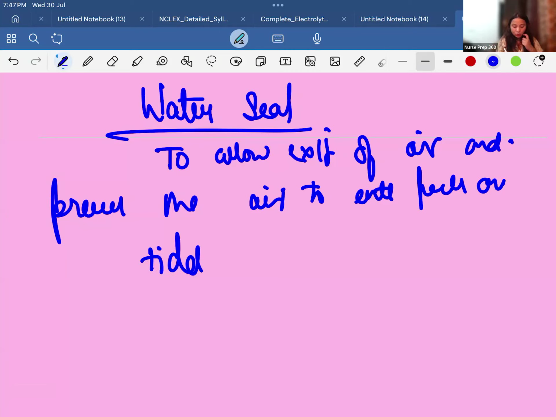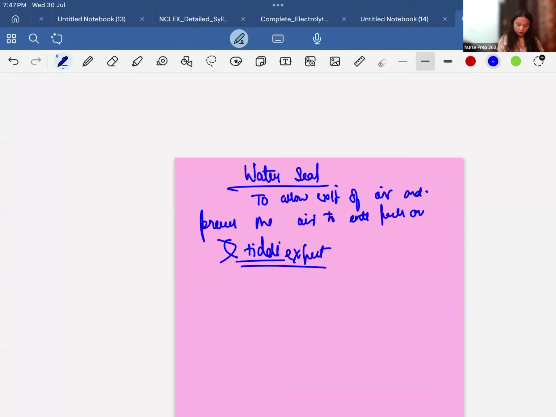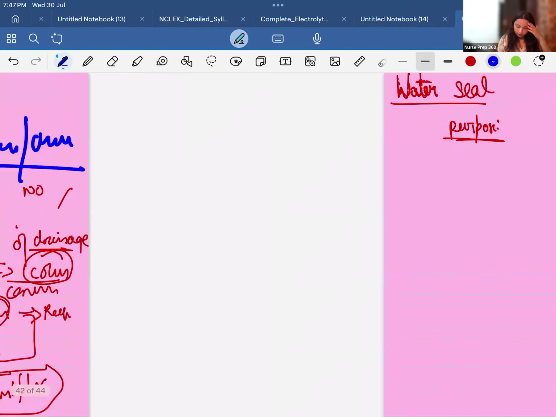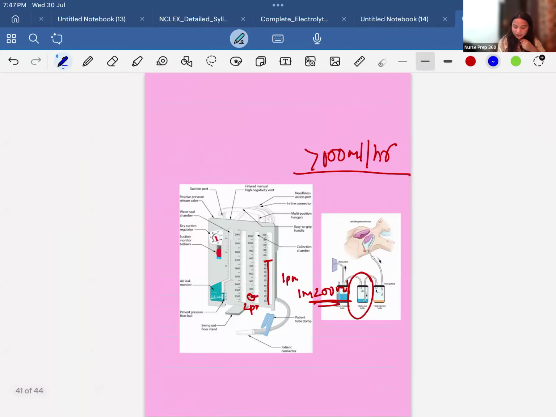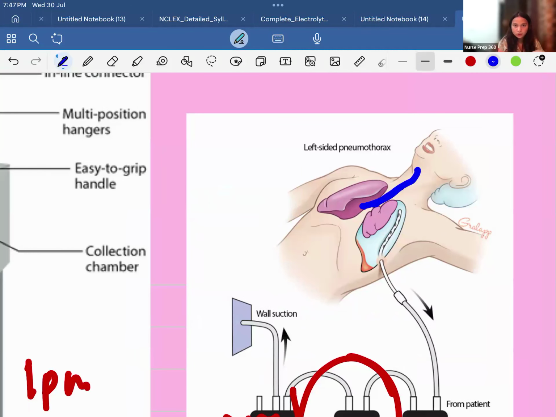There is tidaling. Okay, tidaling is expected. So why is there tidaling? Whenever we take a breath, there is a decrease in the pressure. Just imagine when a patient is breathing naturally. There is a decrease and increase in the pressure because the patient is breathing.